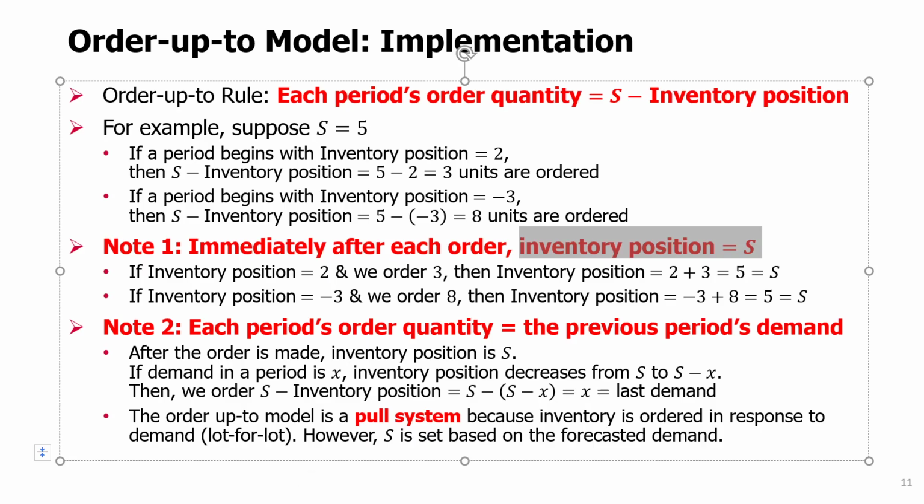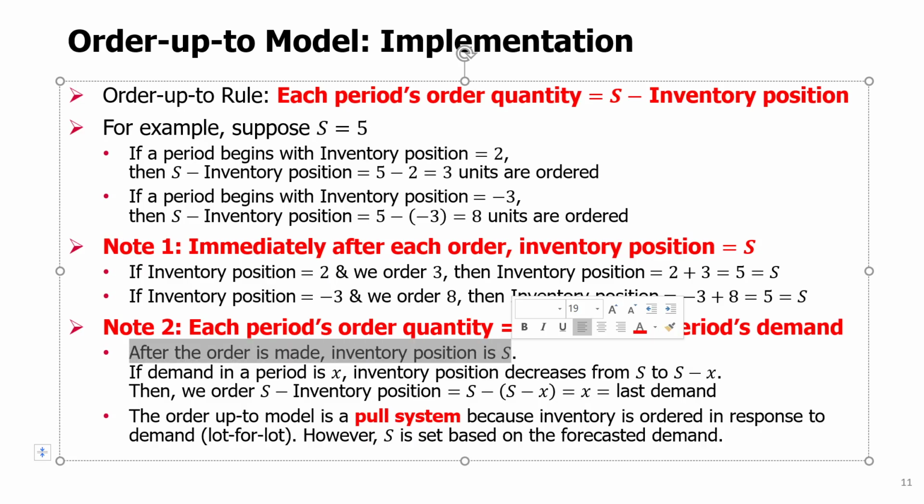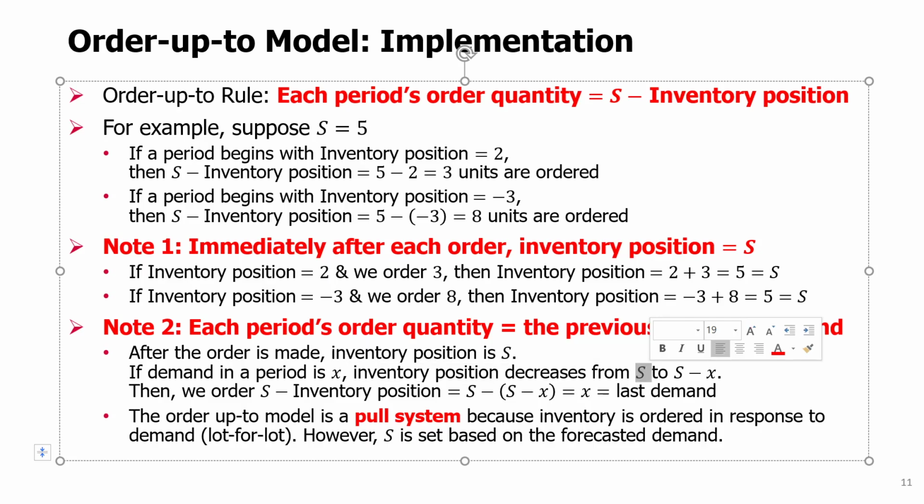An additional note is that in each period, the quantity you order will be equal to the demand in the previous period. To see this, notice that after the order is made, inventory position becomes S, as we said in the previous point. Then, during the period, the demand occurs. If the demand in the period is X, at the end of the period inventory position decreases from S to S minus X, because either on-hand inventory has been used, or some units were put on back order.